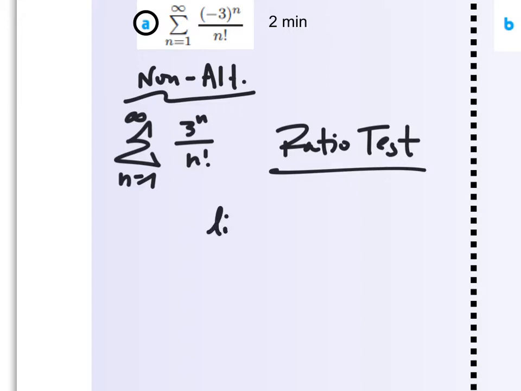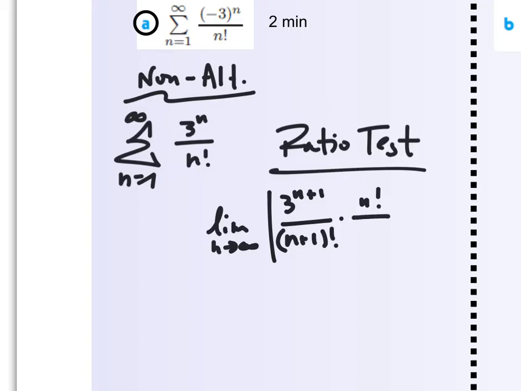So that would be the limit as n goes to infinity of 3 to the n plus 1 over n plus 1 factorial. Remember, divided by the nth term, but I'm going to multiply by its reciprocal. That would be n factorial over 3 to the n. As I look at that, I'm going to do a little bit of cancellation.